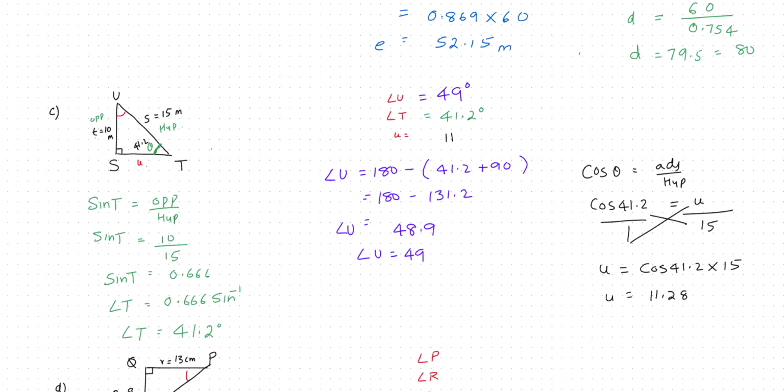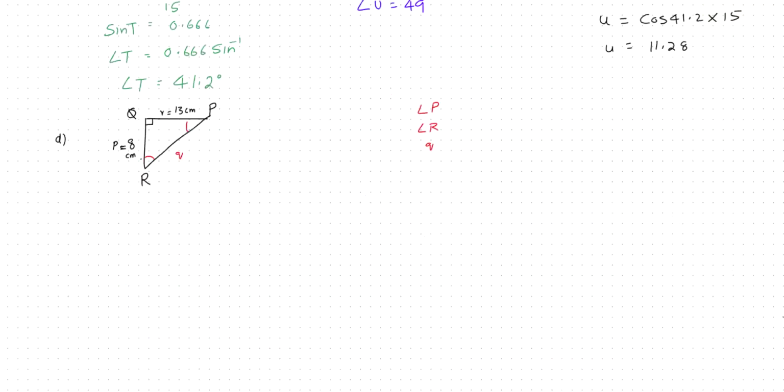Okay, so now we know all the three sides and all the three angles. This triangle is solved. Okay, one more last question we'll do. Triangle is PQR. So we don't know the two angles. Angle P not known, angle R is not known. So we have to choose any one angle. Suppose angle R we take.